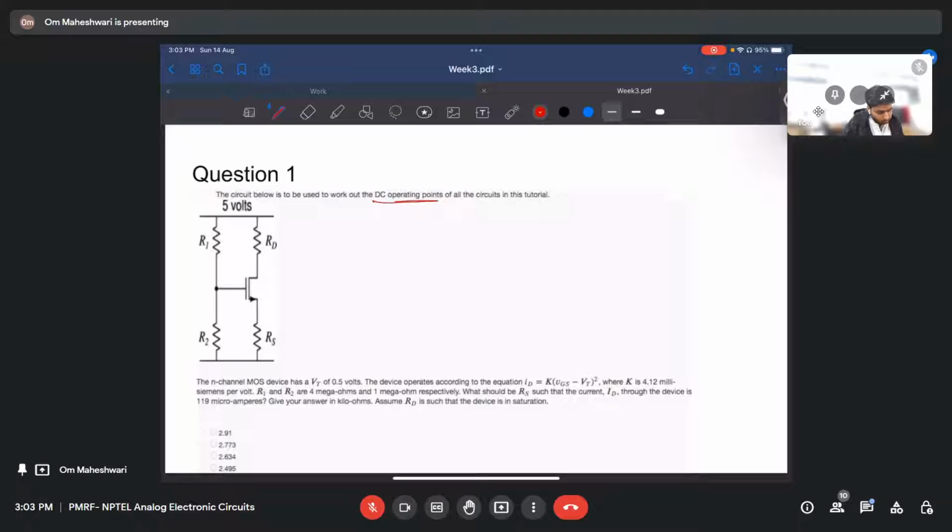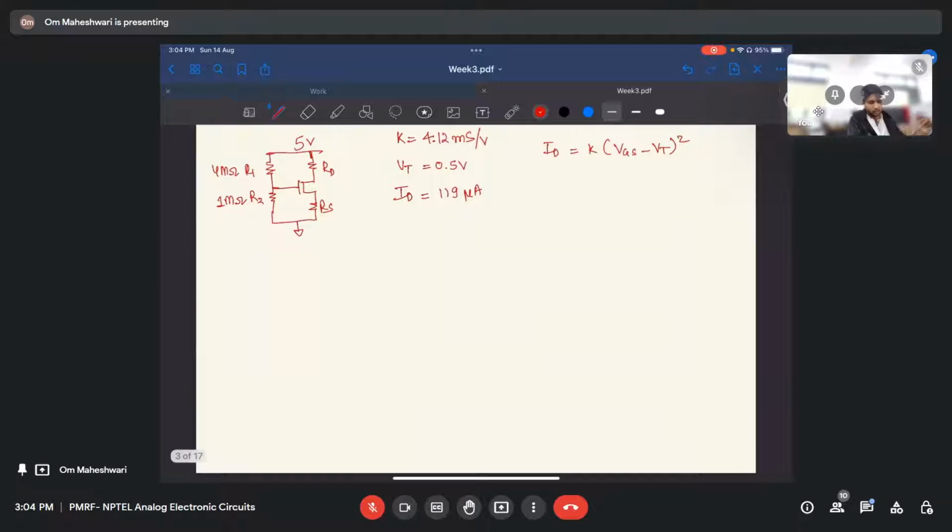We have been given VT is 0.5 volts. The ID equation is given, and it is in saturation. R1 and R2 are 4 mega ohm and 1 mega ohm. We have to find RS such that ID is 119 microamperes. So let's try to solve this.